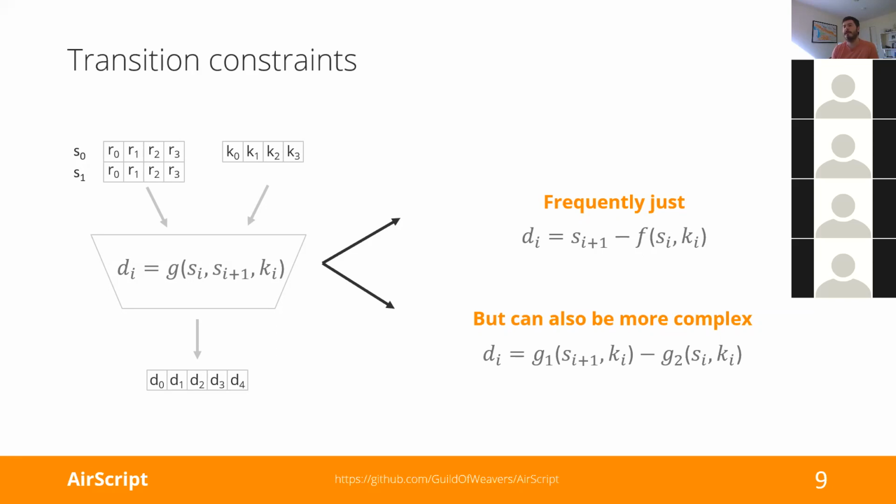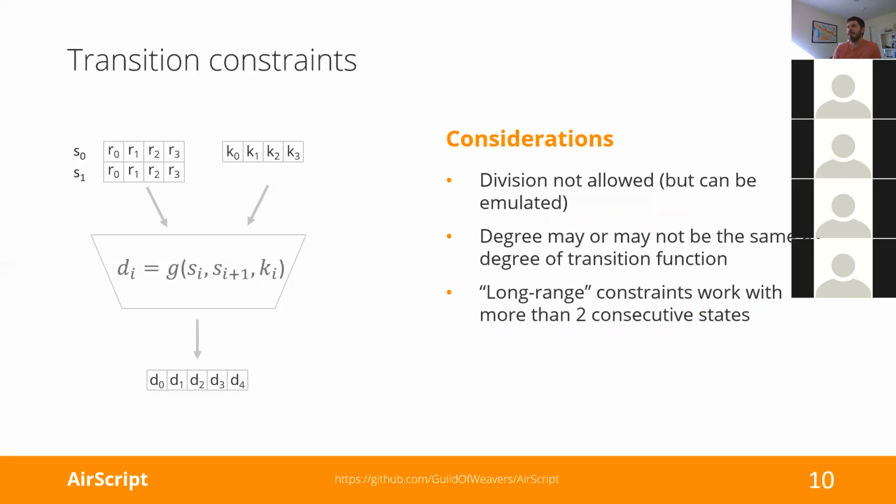They have transition constraints that are not just as simple as subtracting the result of a transition function from the next state. Some consideration, division: at least within AirScript, and at least conceptually, I'm not sure how to do division within the transition function, but you can emulate it using other means.